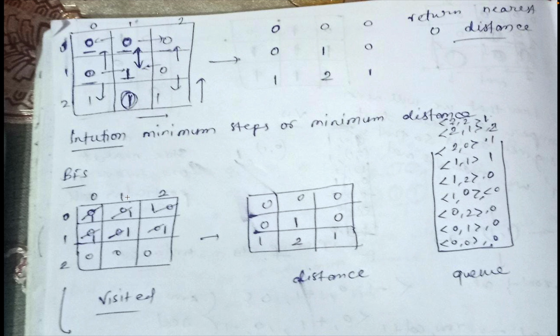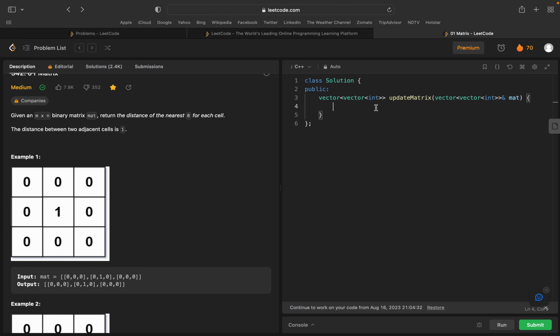Then when I traverse an index, I will mark this 0 as 1. Then I will make a distance matrix also, then I will apply a queue. This is the basic logic, because in breadth first search we use this. So now let's try the code.